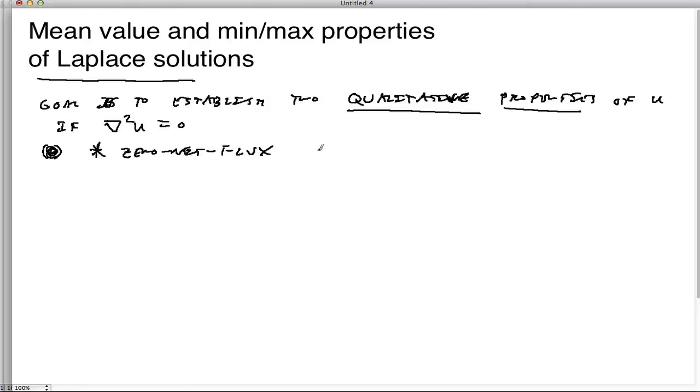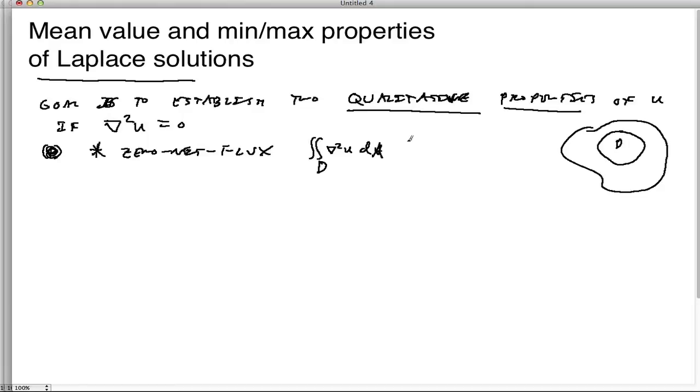So that property is that if I take the divergence of u over some area in some set, we'll call it D, could be something inside of our bigger set, then of course we know that that's equal to the flux, by the divergence theorem, over the boundary set of the gradient, which we think of as the heat flux through the boundary, dotted with the normal, ds.